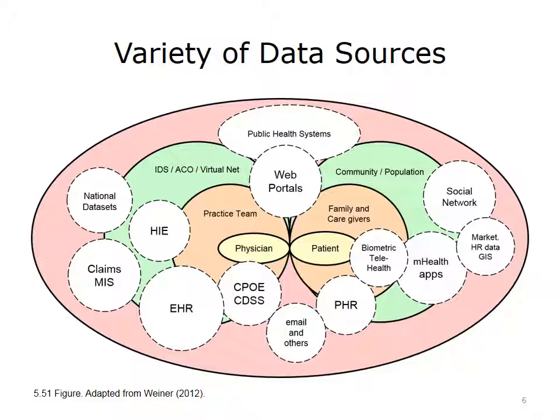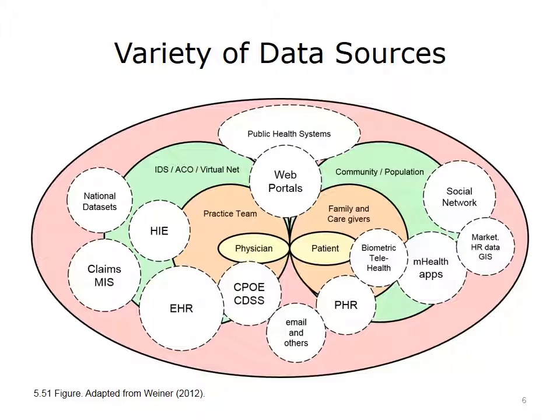Some of these current and potential data sources include Insurance Claims and Management Information Systems, MIS, Health Information Exchanges, HIEs, EHRs, Computerized Physician Order Entry, CPOE, and Embedded Clinical Decision Support Systems, CDSS. National data sets collected by various federal, state, and nonprofit agencies.